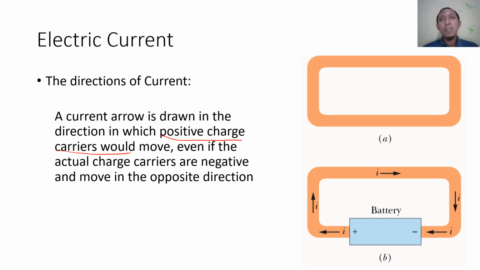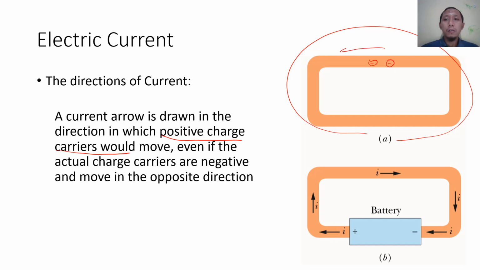So in the closed loop, if the electron, or the negative charge, is flowing to the left side like this, the current will flow in the opposite direction, because the current is defined in the positive direction. It means that if negative charge moves to the left side, it's like positive charge moves to the right side like this one.